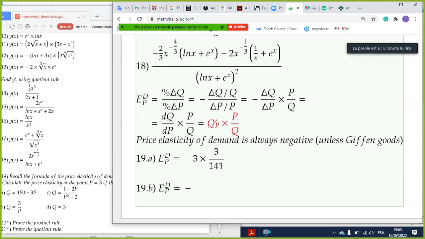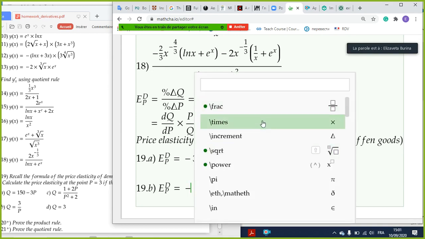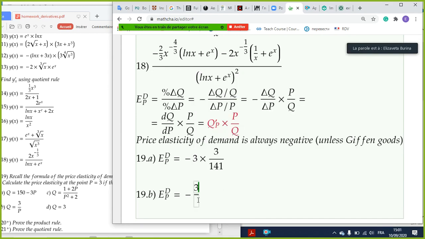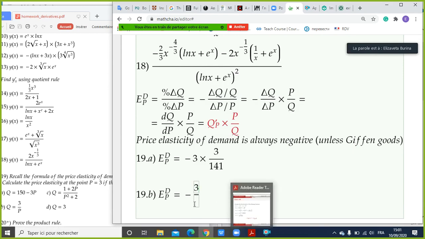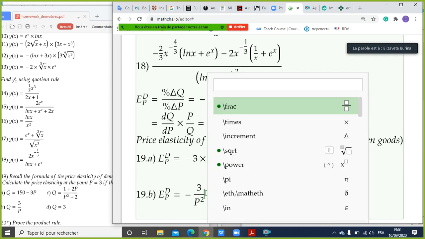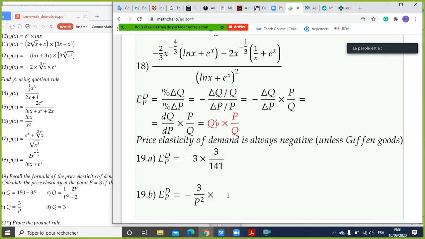Let's write it in a fraction. Here we have 3, and then we're gonna have here p squared. Okay, so that will be times another fraction. We know that price equals 3.